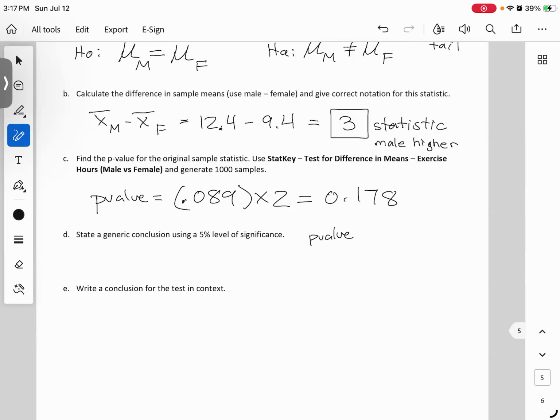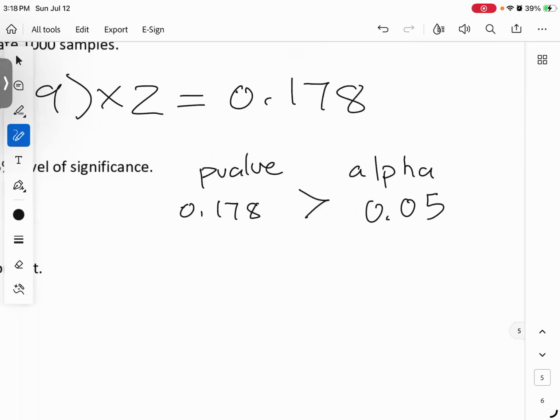All what we need from here is that if that's my p-value or whatever you got, if you compare it to alpha, what should happen, and they want us to again just reuse the 5%, you can see that regardless of your p-value being a little bit different than mine, they're all going to be on the side of being too big.